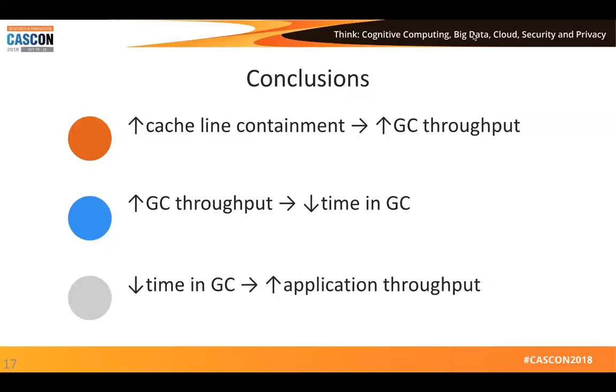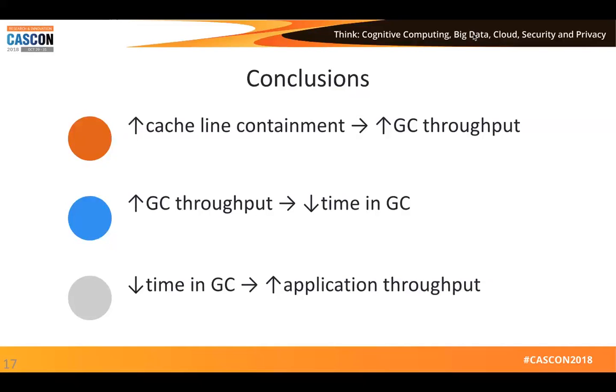But I tend to think that increased cache line containment, it's the GC that benefits mostly from that. The GC hits, every time it gets this effect, it basically skips a read. You're reading and writing inside the same cache line, so you don't have to go and fetch the destination address into level 1 cache.